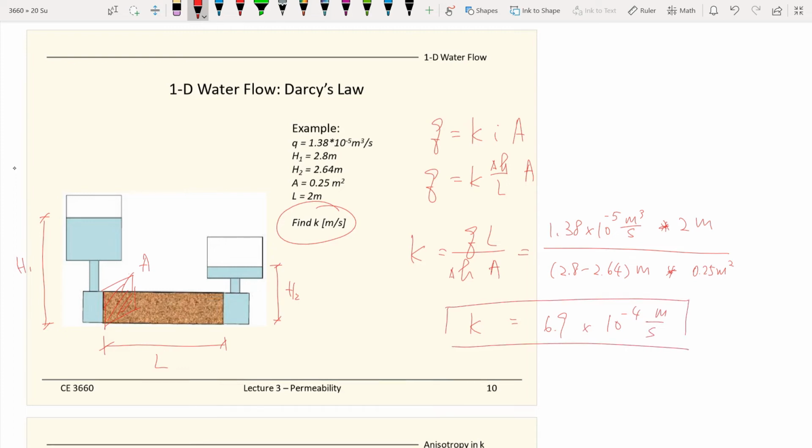So we want to find the K value, and with direct measurements, we can indirectly calculate K, the hydraulic conductivity of the soil.